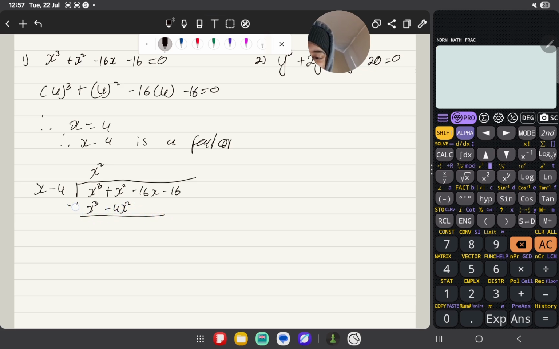Now I'm subtracting. This is 0, and minus minus makes it positive, so that is 5x squared. I bring down the rest, 16x minus 16. Then divide, I have a plus 5.